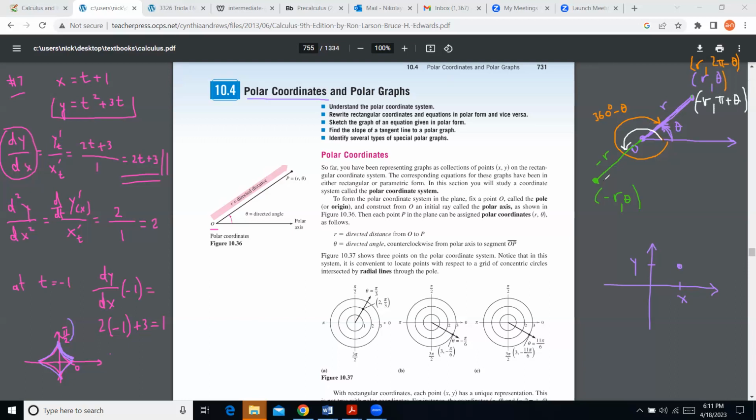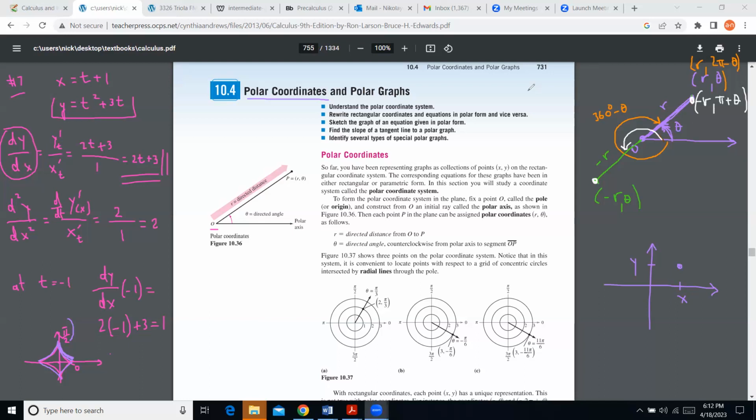So if you go pi plus theta, and instead of r, you put negative r, so you're going to reflect it back there. Or you could just keep adding 360, plus 2 times 360, 3 times 360, 4 times 360, or minus 360. So it looks like these coordinates are not as convenient because they are not unique.